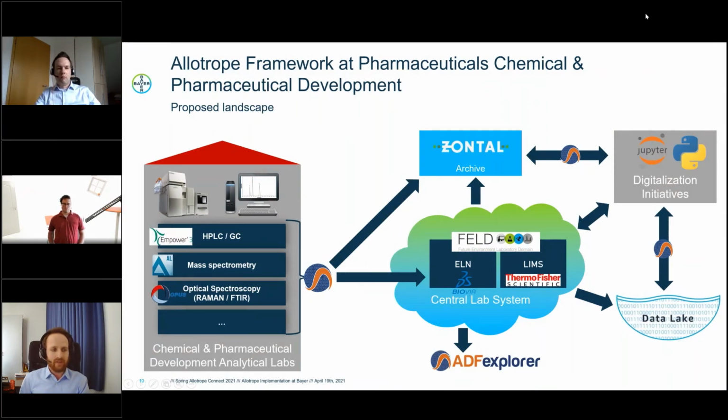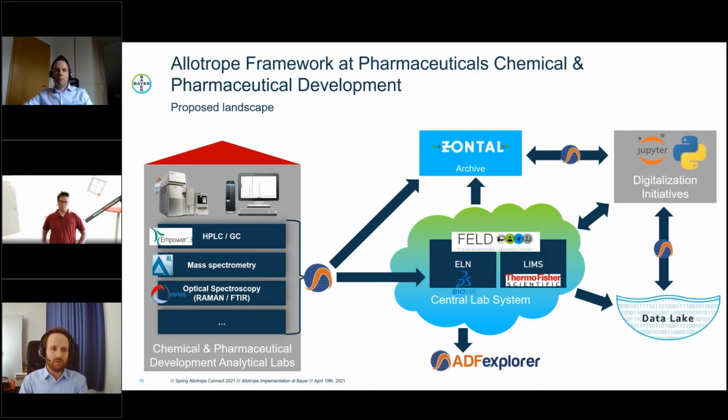So we have our chemical and pharmaceutical development analytical labs. Mainly those are labs dealing with method development, but also with analytics for the formulations we are producing, or for the synthesis of pharmaceutical ingredients we are doing.